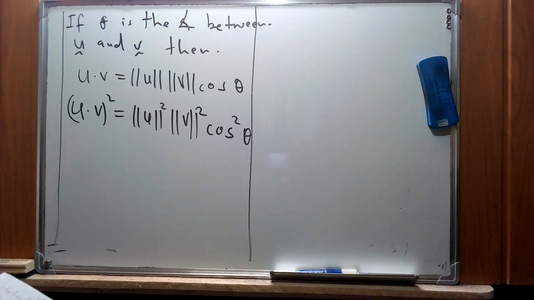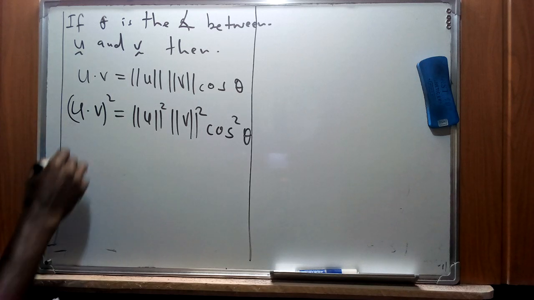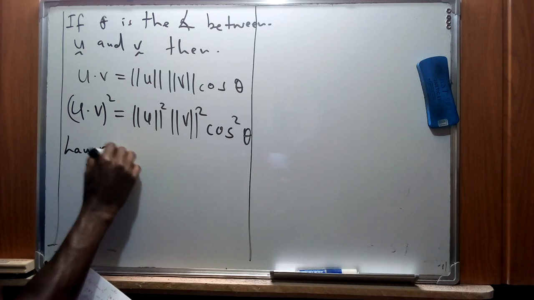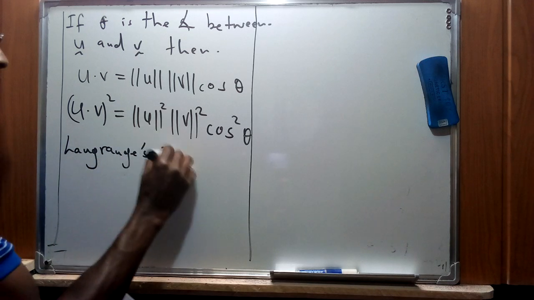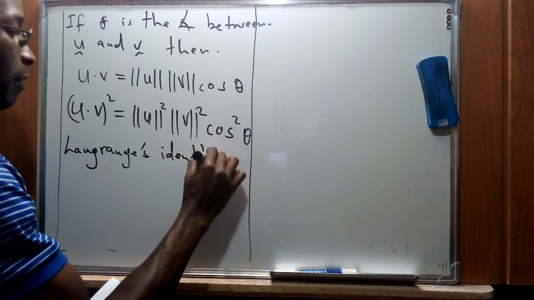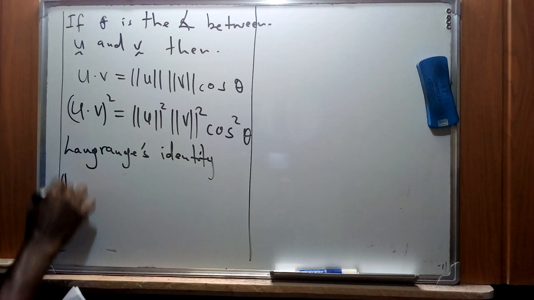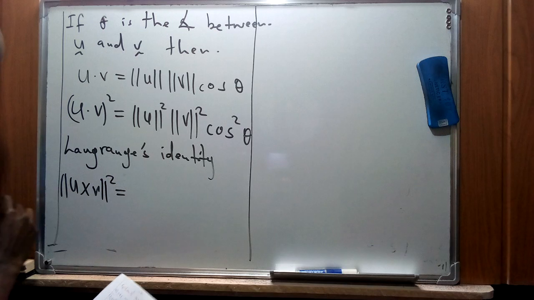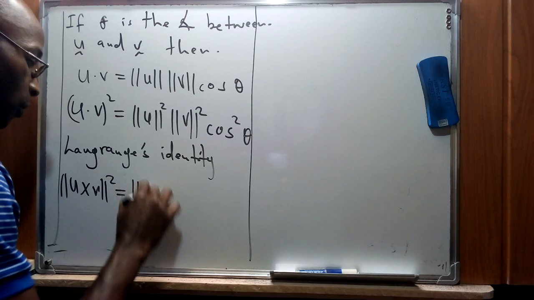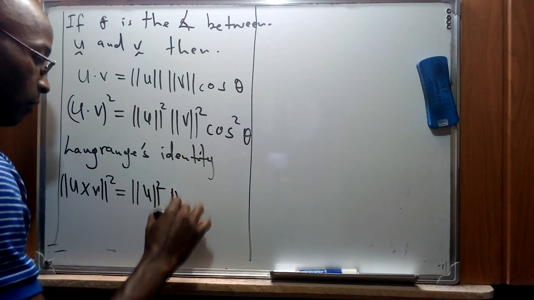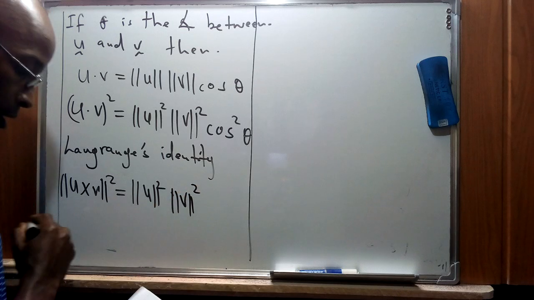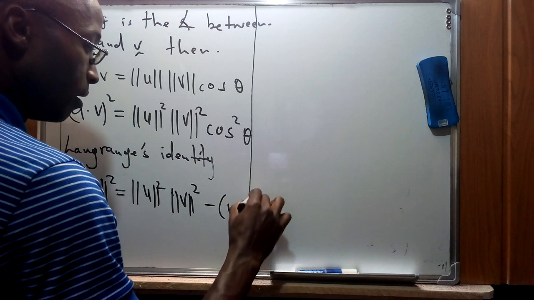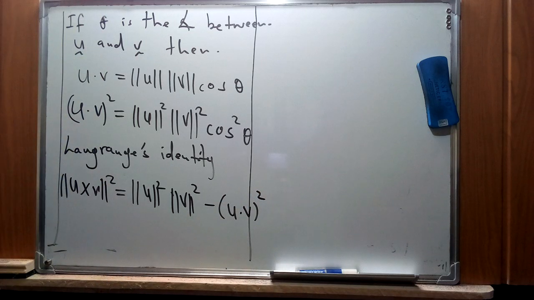So in this, we have already said that from the Lagrange's identity, the norm of u cross v squared is given as the norm of u squared and then the square of the norm of v, minus the square of the dot product of u dot v.